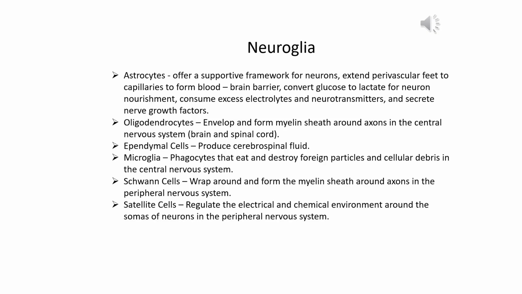Okay, the oligodendrocytes I mentioned on the first slide, these form the myelin sheath around the axons in the brain and spinal cord. Now that function is carried out by Schwann cells in the peripheral nervous system, but in the central nervous system, oligodendrocytes form the myelin sheath. Myelin is a fatty substance.